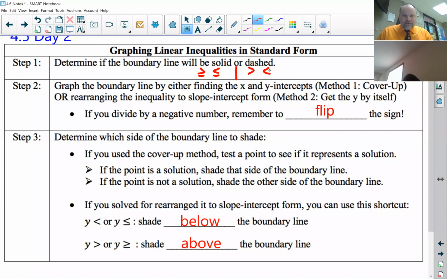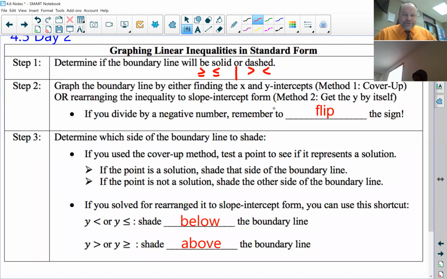Remember, in standard form, we have our x and our y on the same side of the inequality. So there are a couple of choices for graphing. We could either use what we called method 1 or the cover-up method to find the x and y intercepts. That works really well. Or you could rearrange the inequality to get it in slope-intercept form, get the y by itself.